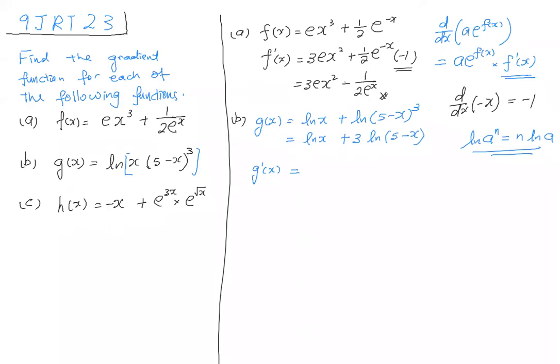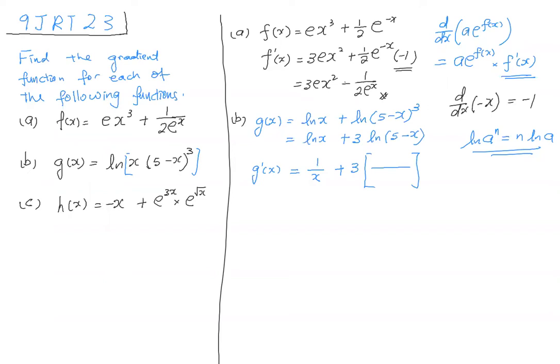Okay, what is the gradient function for the first term? What is the derivative of ln x? Avika? 1 over x. Okay, the reason is because the derivative of x is 1. How about the second one? Plus 3 over 5 minus x.